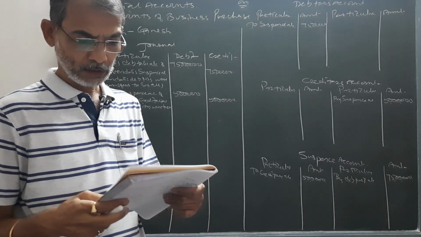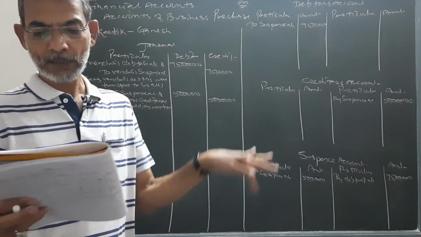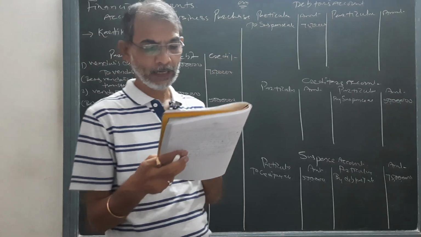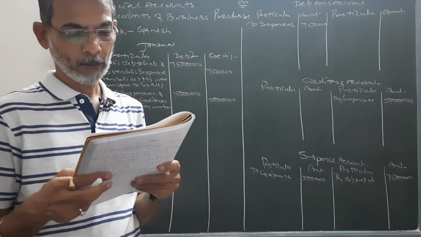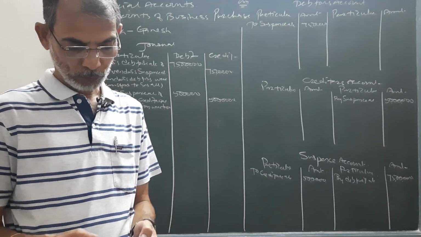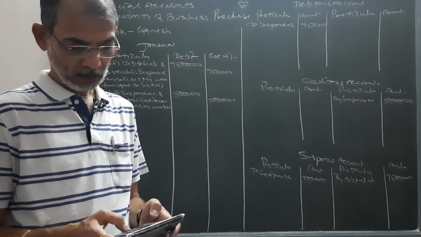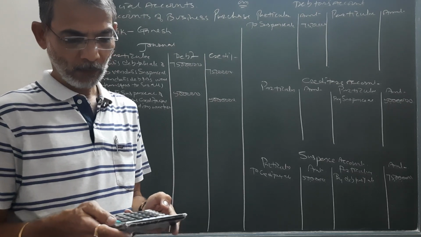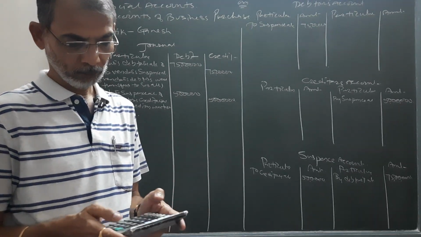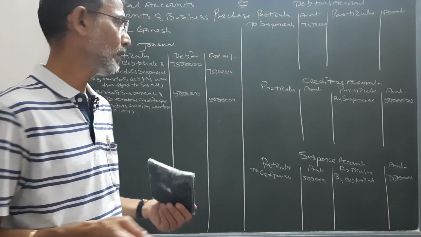Now debtors of 5 lakh were kept aside, so the remaining debtors of 70 lakh had paid after 5% bad debt. So 70 lakh at 5% will be 3,50,000.